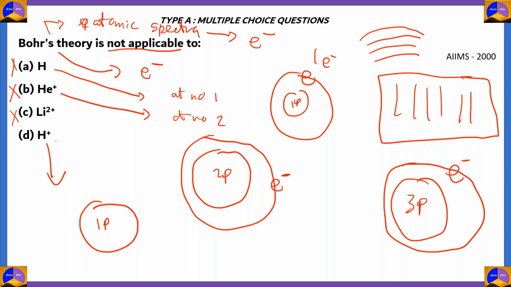But the configuration given is H plus, so plus means 1 electron is lost. Now there are no electrons present here. So Bohr's theory of atomic spectra is not applicable to an H plus ion because the atomic spectra is used to measure the energy of electrons, and H plus has no electrons. So option D is the right option.